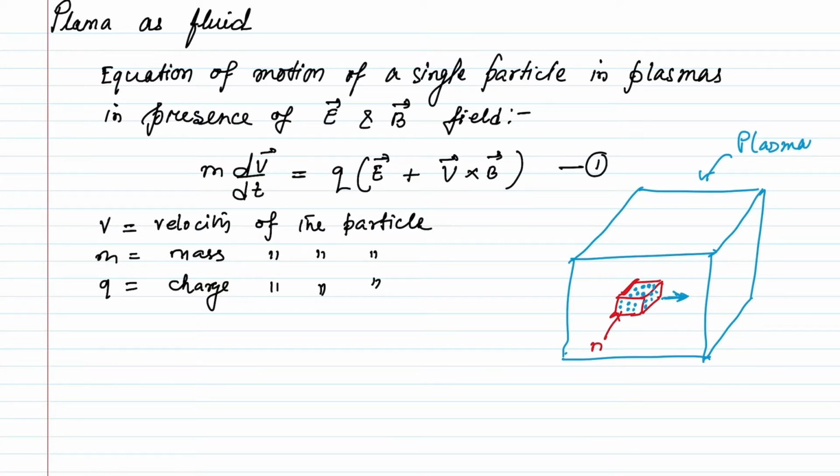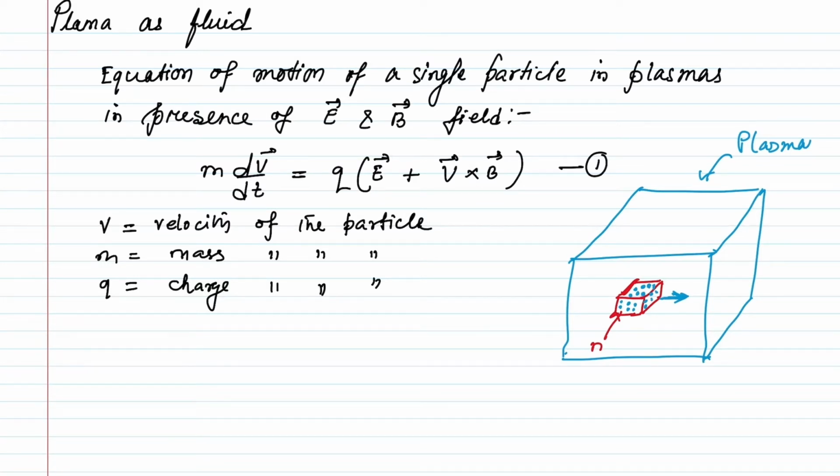As you know, ions are heavier than electrons, so ions are considered to be in the state of rest with respect to the electrons. Electrons are in motion.